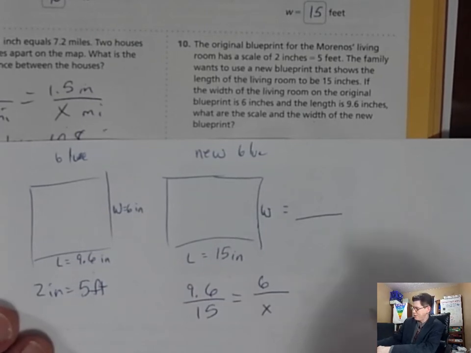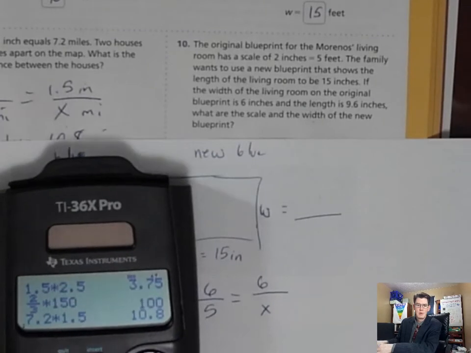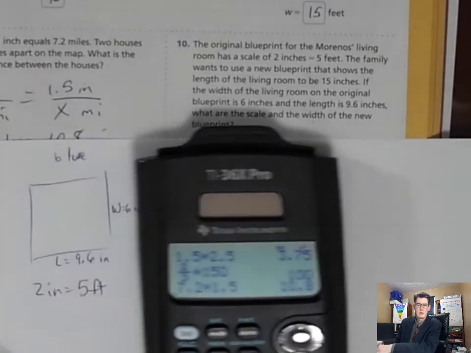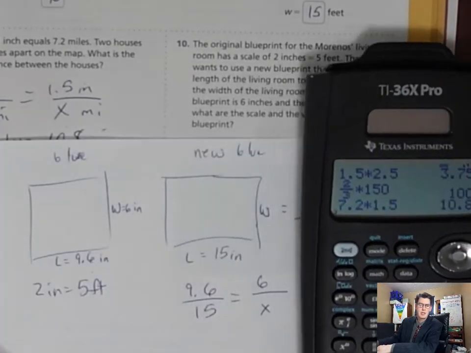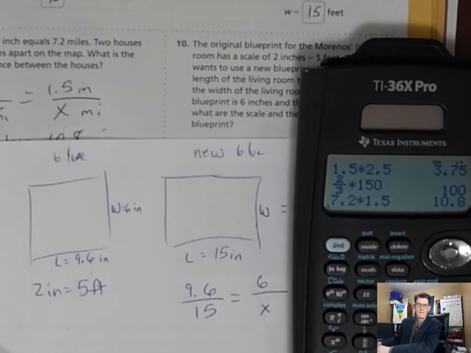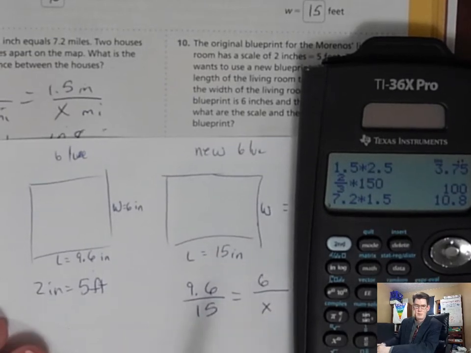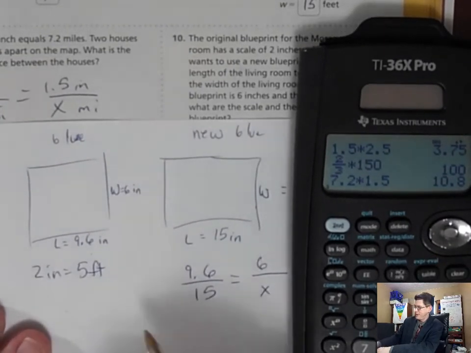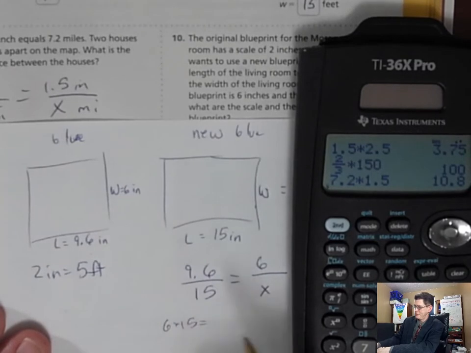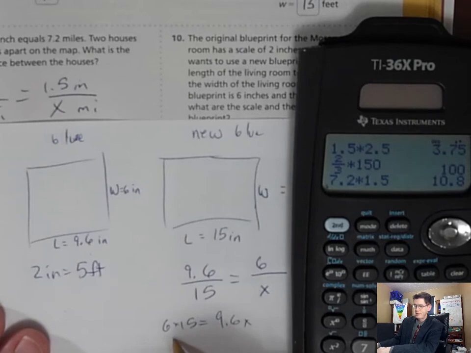So in working that through, using the calculator, of course, if I cross multiply, 6 times 15 is the same as 9.6x. And on your calculator, you're going to get 90 when you do that.